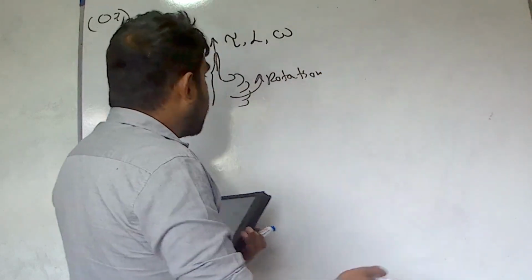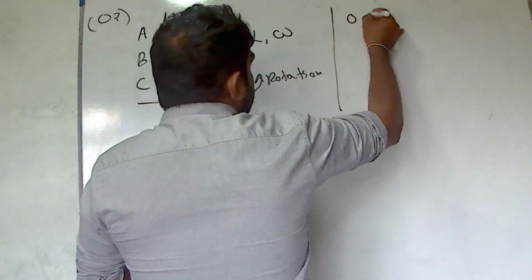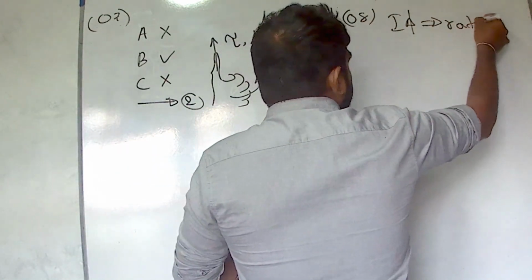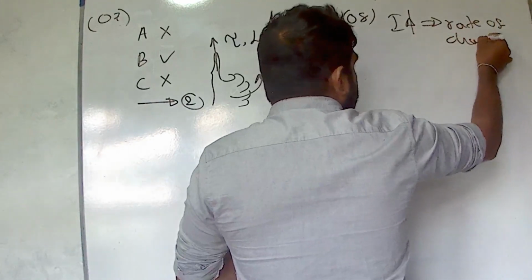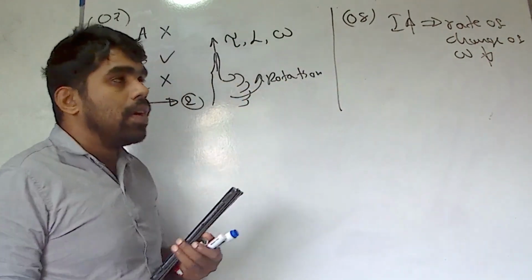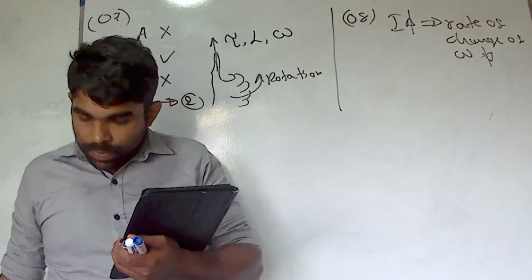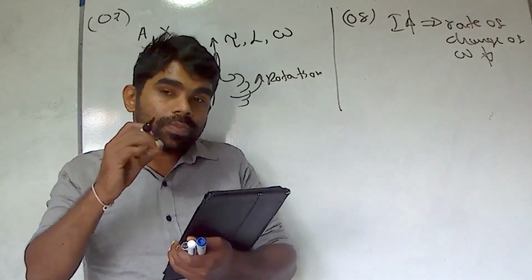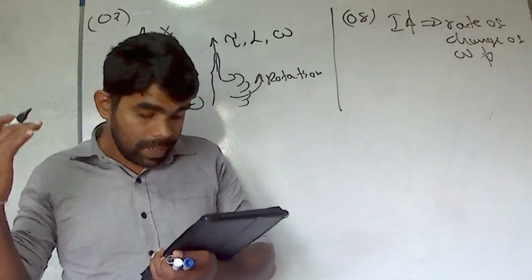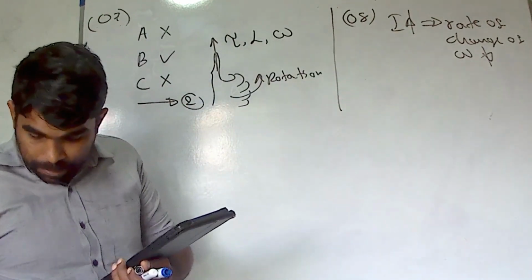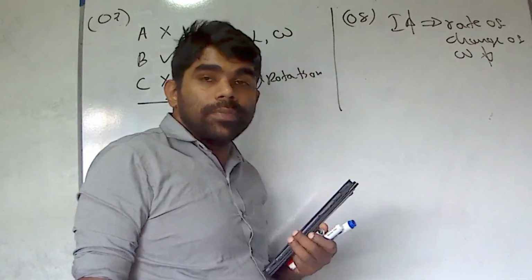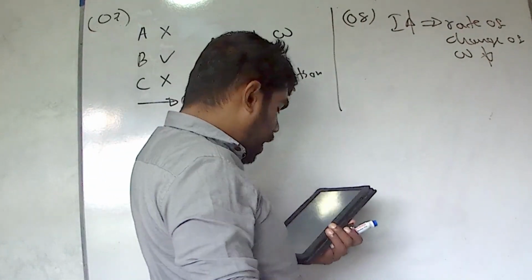When I is a higher value, the rate of change of omega is a small value. Therefore, the time taken to come along the slope is a large value.